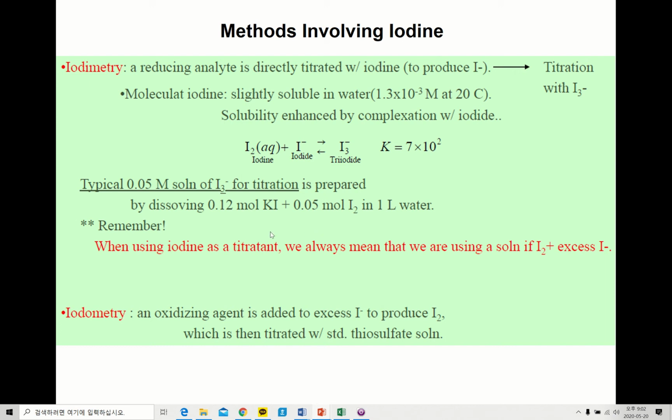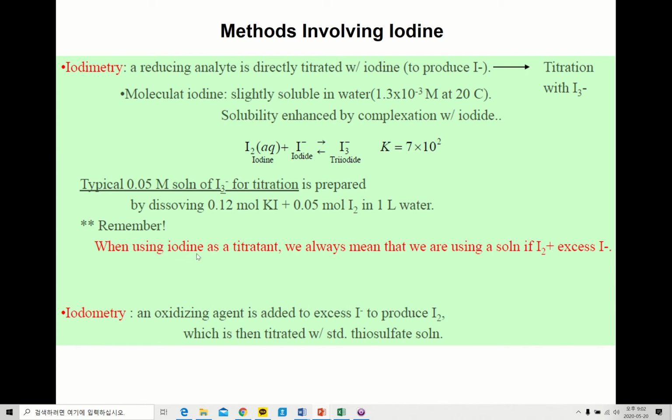You add excess iodide to completely dissolve this iodine. So the iodide concentration depends on the iodine.